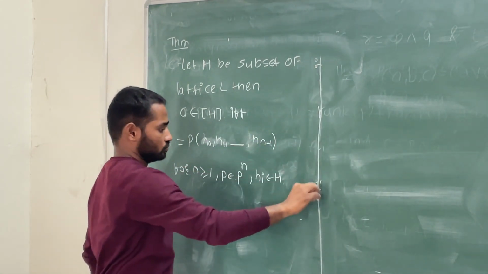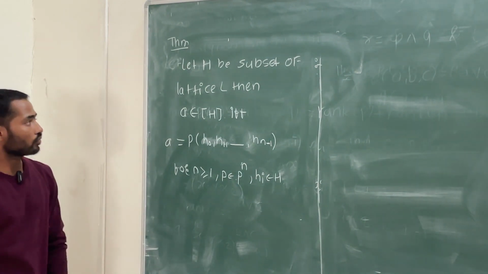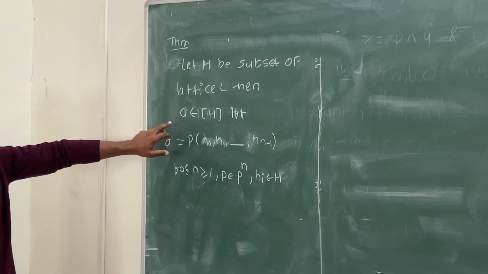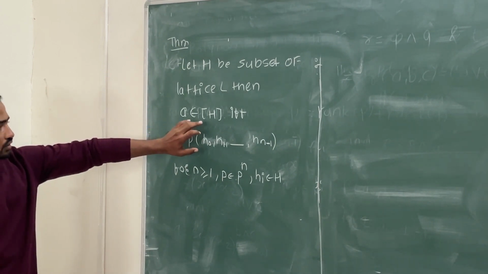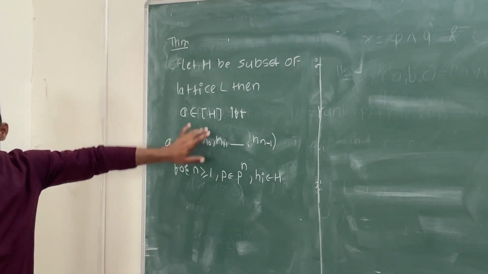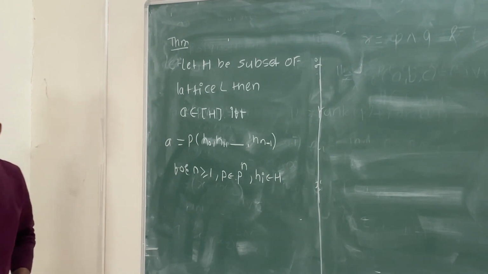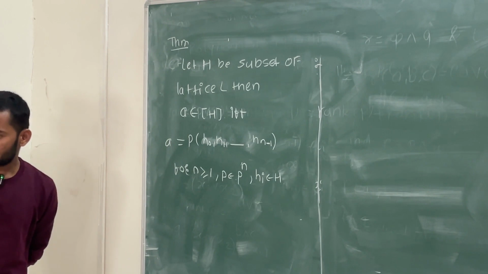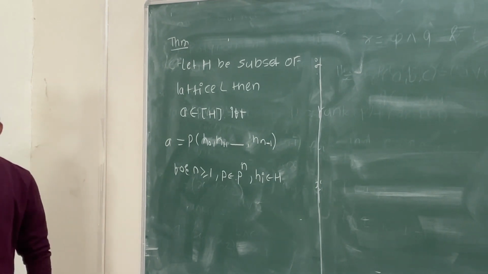Explain that statement again. What does this statement say? Let H be a subset of a lattice L, then A belongs to the square bracket H. What is the square bracket H?